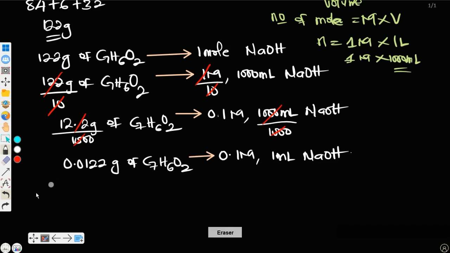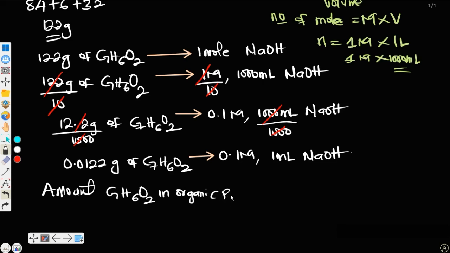That means amount of benzoic acid, amount of C7H6O2 in organic phase, right? You can do it like this, should be equal to.